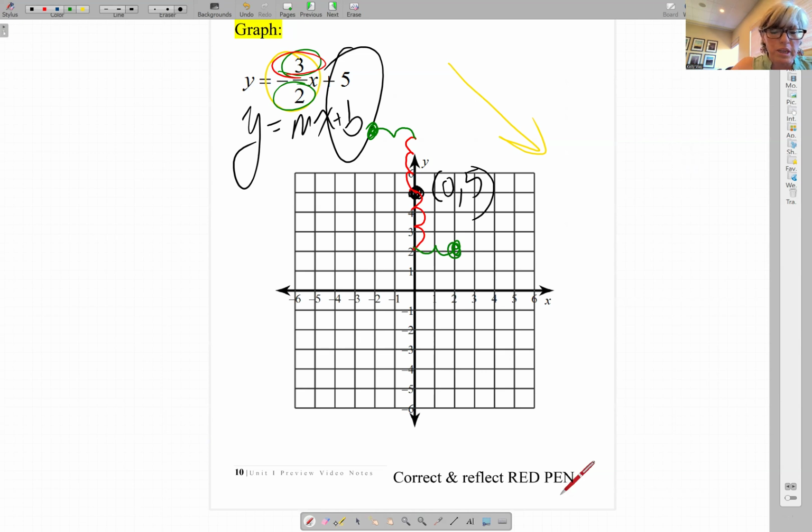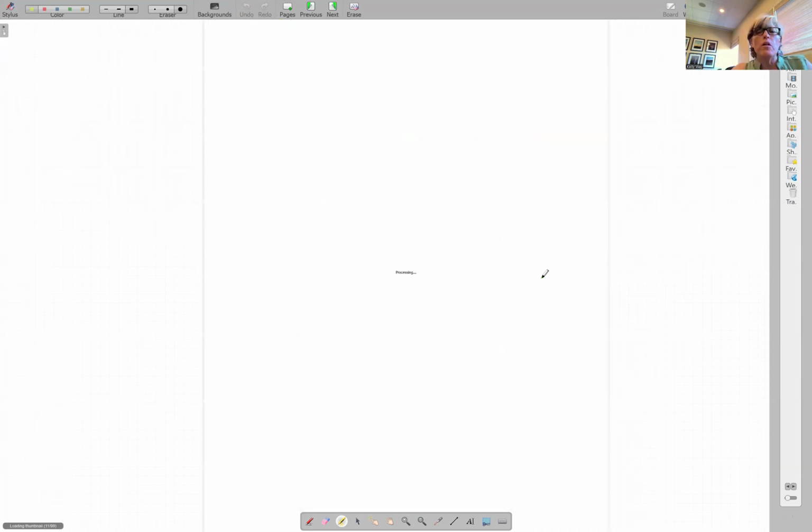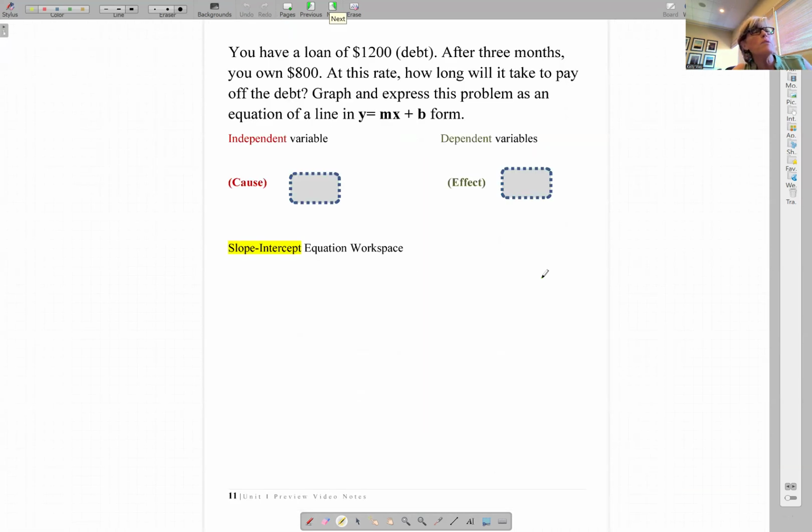I purposely made that go off the graph because your brain should not be shrunk to any graph presented. There may be times where your line goes off the graph, and that is okay. Now, why do we need to be able to graph lines?